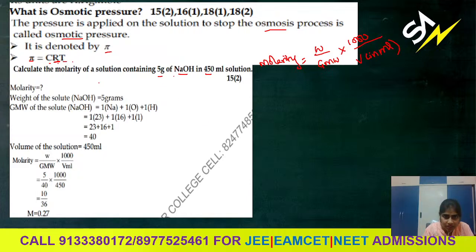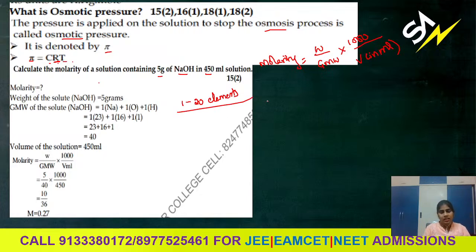Here you need to calculate the gram molecular weight of this sodium hydroxide. You can see in this question, just remember a few gram molecular weights. Just remember the gram molecular weights of 1 to 20 elements roughly, not their exact values.